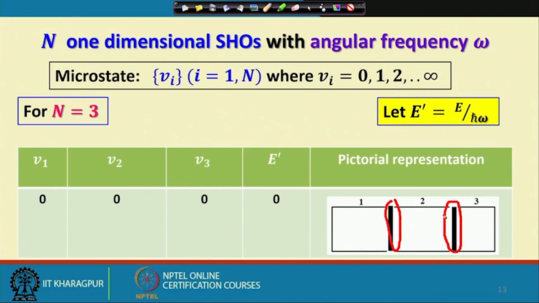And my idea is I am going to distribute 0 quanta of energy in each of these boxes. I mean, when I distribute 0 quanta of energy, I basically leave the boxes empty. And therefore, this would be a typical representation of the microscopic state where oscillator 1 has V1 equal to 0, oscillator 2 has V2 equal to 0 and oscillator 3 has V3 equal to 0.